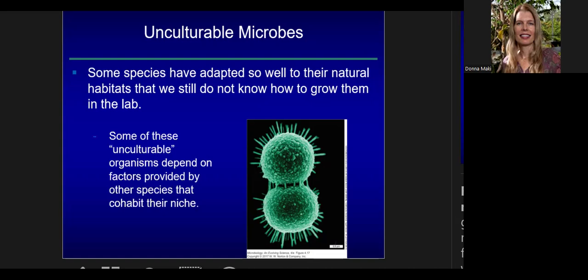And we now recognize that because there's been enough data out there where they have taken a soil sample and they do spread plates and they look to see who grows. And then they take that same sample and send it off for DNA analysis, and there's a boatload more microbes there than what they captured on a plate. And so we know that there's many, many that we cannot get to grow in the lab. And so we always have to keep that in mind too.